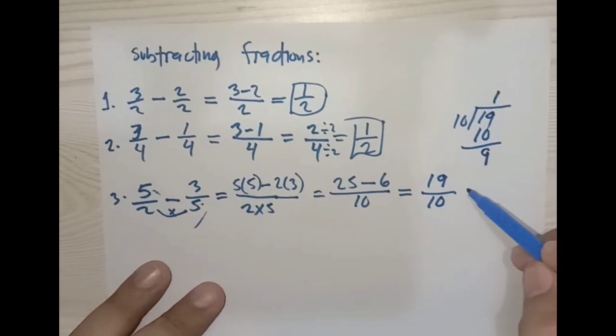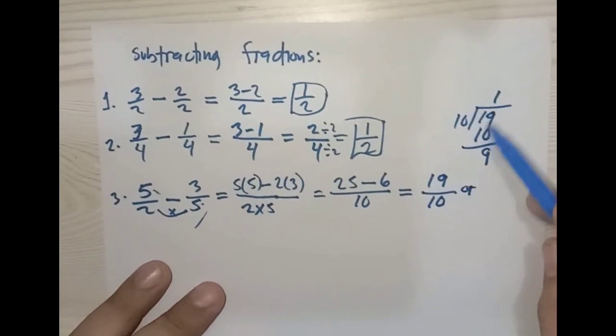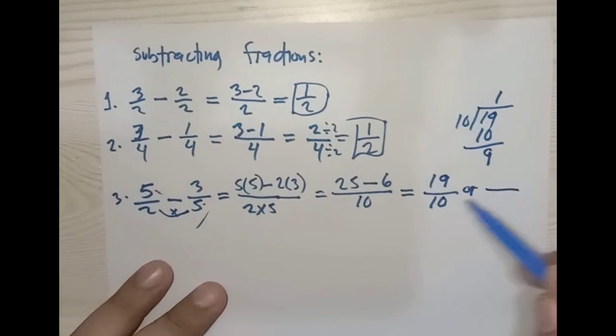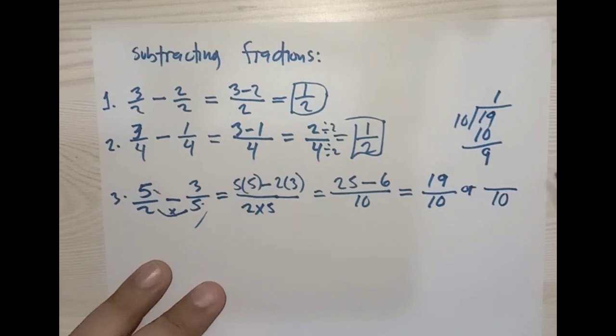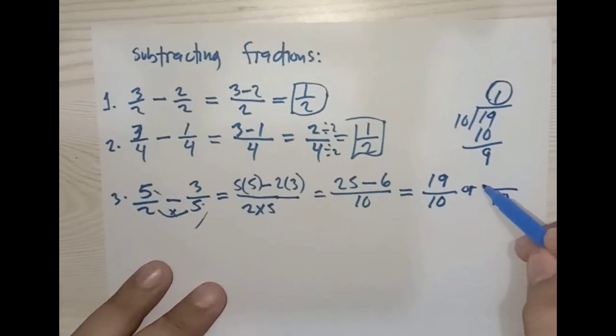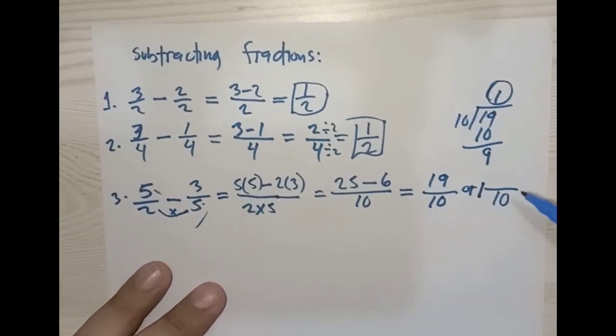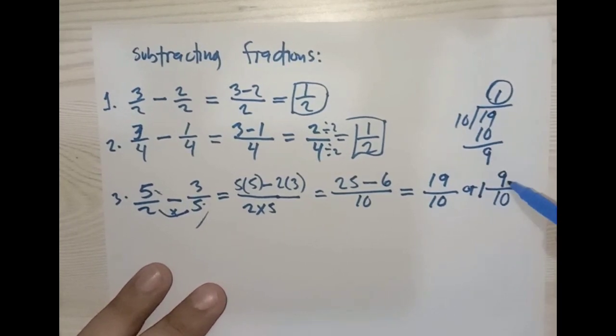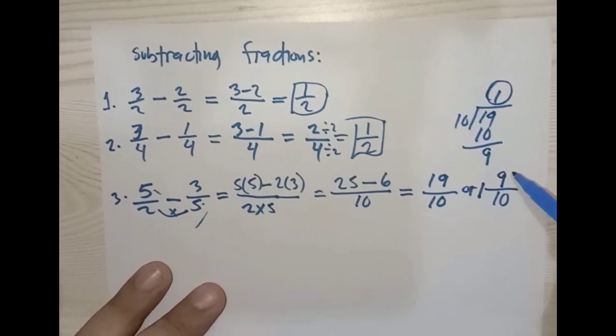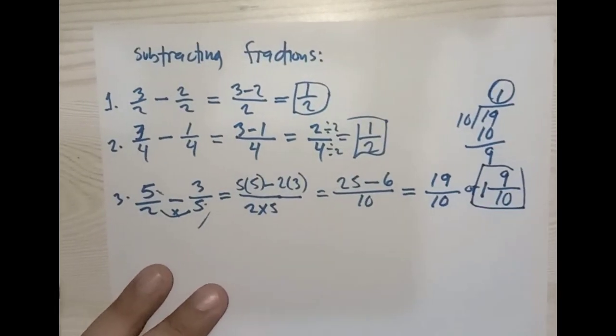So, itong denominator natin, kopyahin lang natin. And then, itong whole number natin sa taas is ilagay natin dyan sa gilid as a whole number. And then, itong 9, ilagay natin dito sa numerator. Okay. So, our final answer is 1 and 9/10.